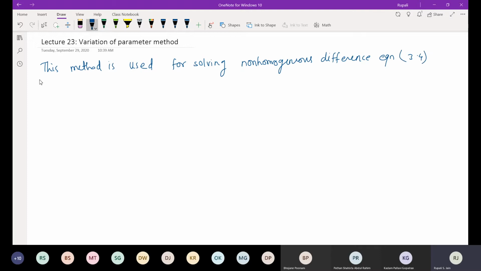What is that 3.4? p_n(t) y(t+n) plus and so on p_0(t) y(t) which is equal to r(t). That was my 3.4, right?